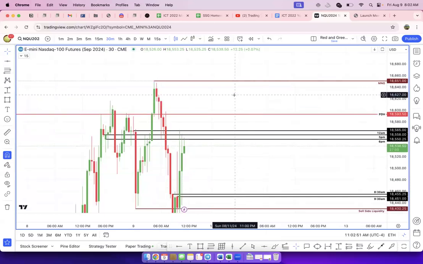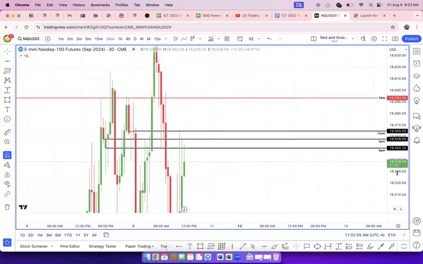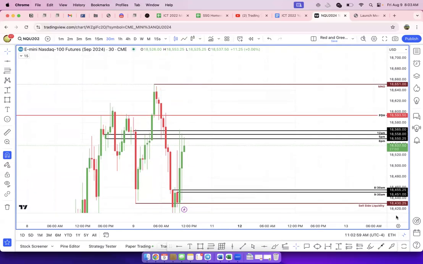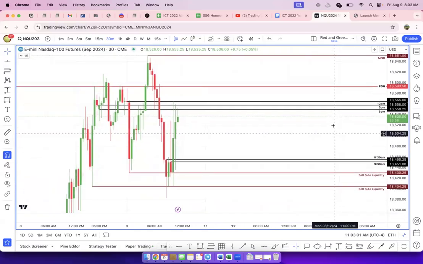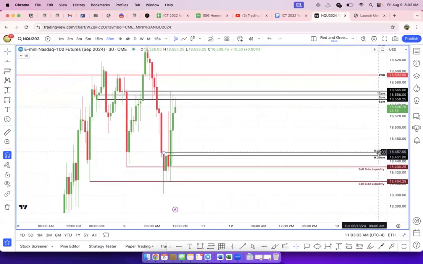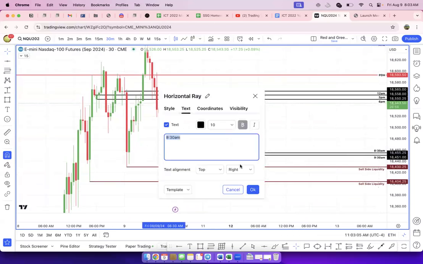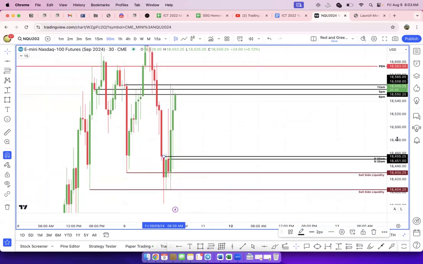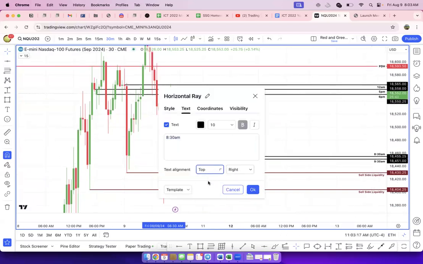The nice thing about this is when you have lines that overlap, say I labeled 8:30 and 9:30, and initially this was at the bottom, and you're like, oh my God, I don't like that. I'd rather use text because I can move my text wherever I want. Well, you can actually move the text here and put it at the top so it doesn't overlap.